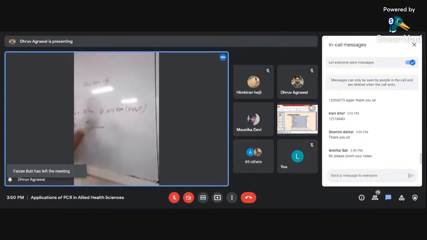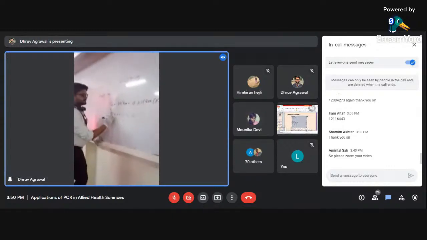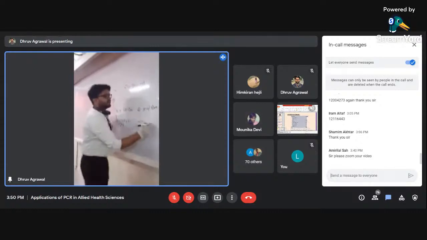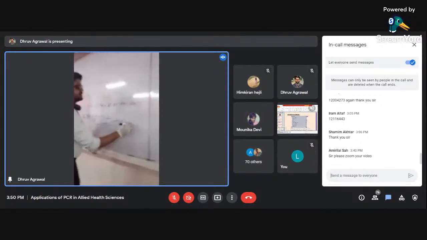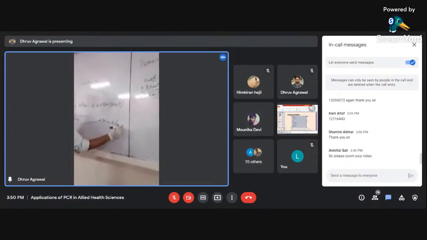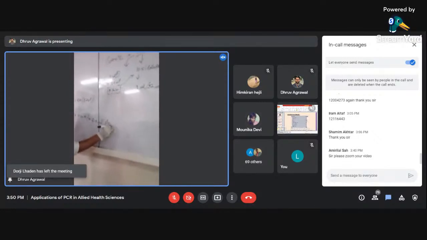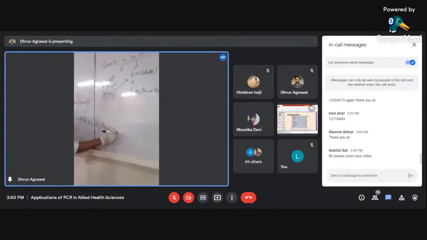And what else do you require? You require dNTPs. You have a 10 millimolar solution and you can add 2.5 microliter for a 50 microliter reaction.